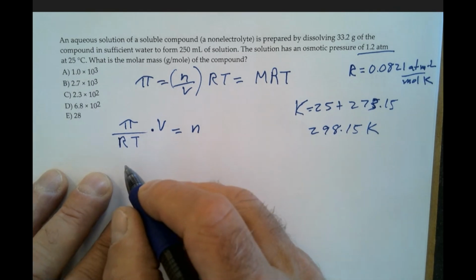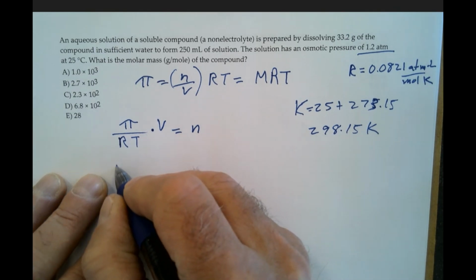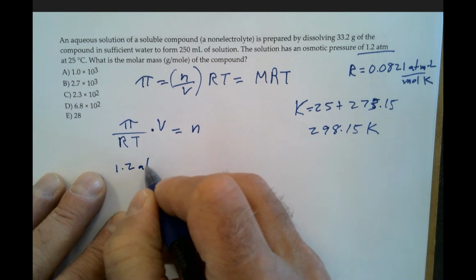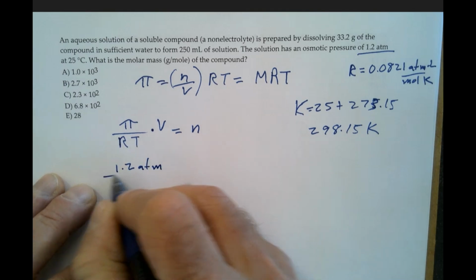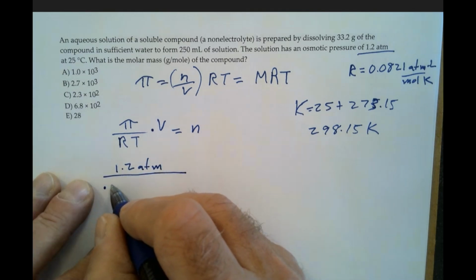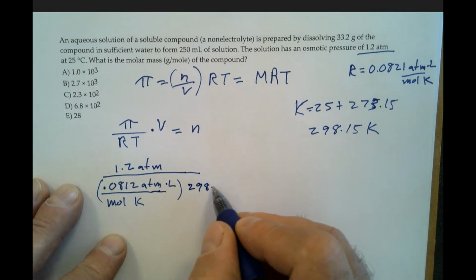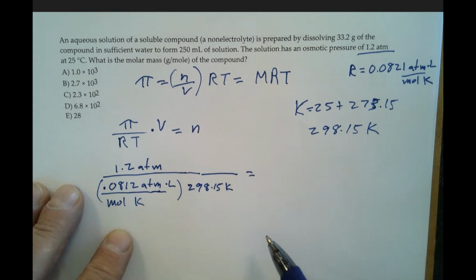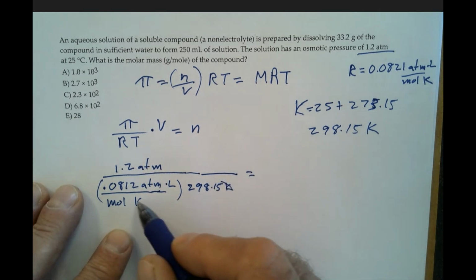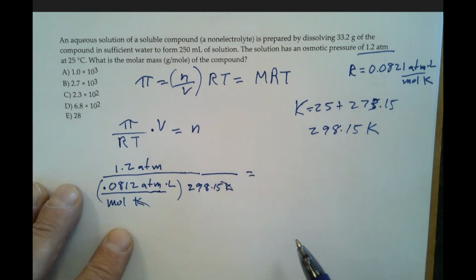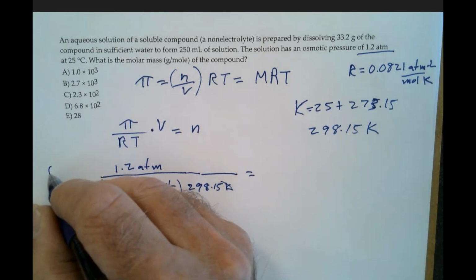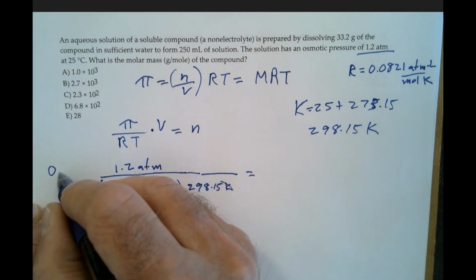So let's plug everything in. I got my 1.2 atmospheres of osmotic pressure, my R value, and then my Kelvin temperature, 298.15 Kelvin. Let's see what this looks like. Kelvin goes away there. Oh, I need to multiply by volume still. So I'm going to turn that into liters.